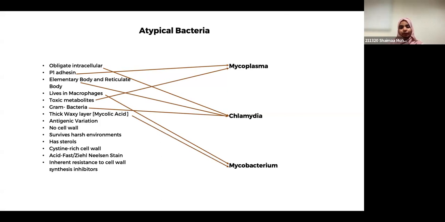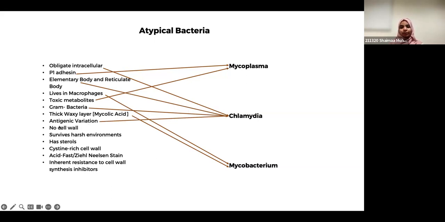Which one can undergo antigenic variation? It's able to hide inside the cells. Which one? You have to be sure. Yes, okay. Chlamydia can undergo antigenic variation.